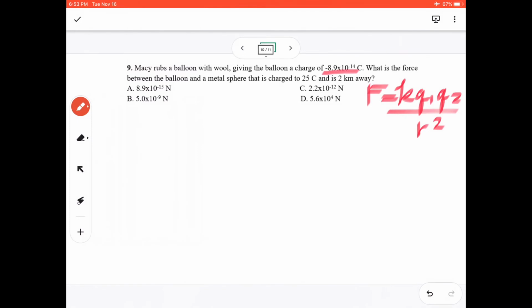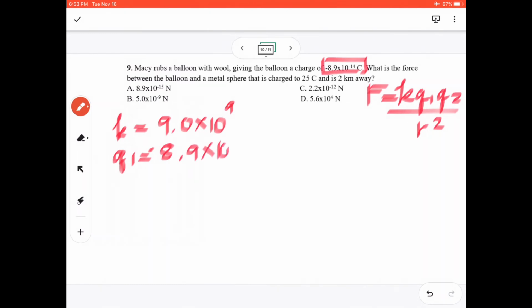But you have to remember that if we're solving using Coulomb's law, you don't need to include the negative signs for these charges. Alright, so we know that K is 9.0 times 10 raised to 9 Newton meters squared per Coulomb squared. And then what else is given? That one, 8.9 times 10 raised to negative 14 is our Q1. Let's just list negative 8.9 times 10 raised to negative 14 coulombs.